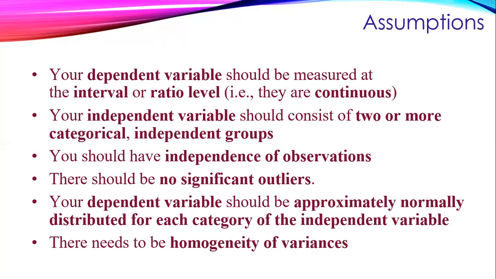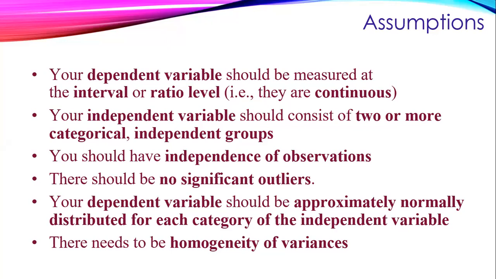That is a condition. Second, you should have independence of observation, which means that one observation does not influence the other. For example, if I toss a coin, does my first answer have an influence on the second toss? No, right?